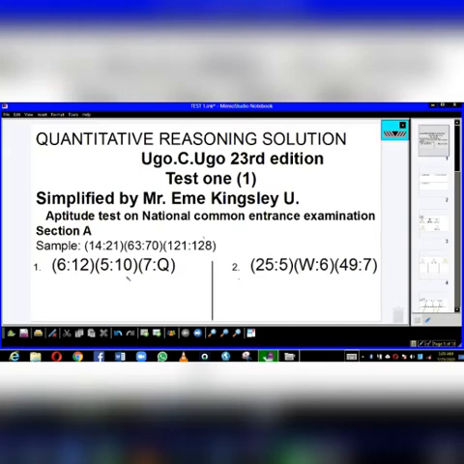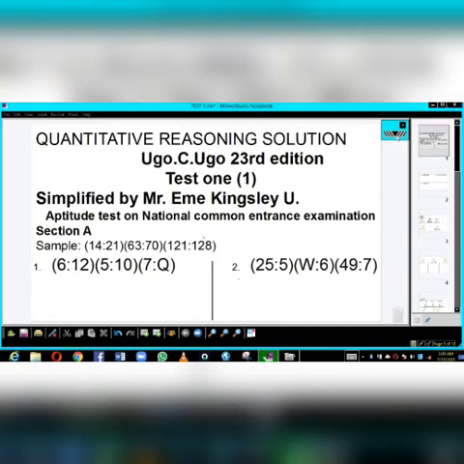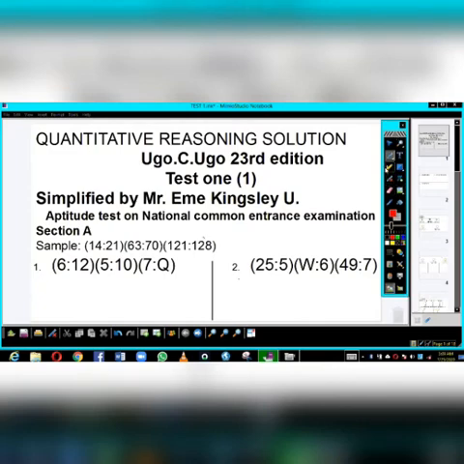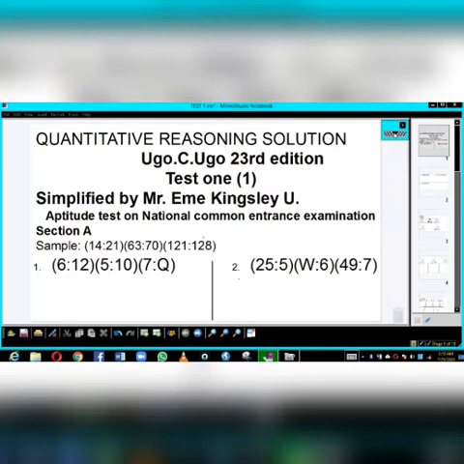Now let's look at this number 1. For us to find the value given to us, we have to first of all admit the fact that the working on each sample might be different from what we are going to do in the exercise given.